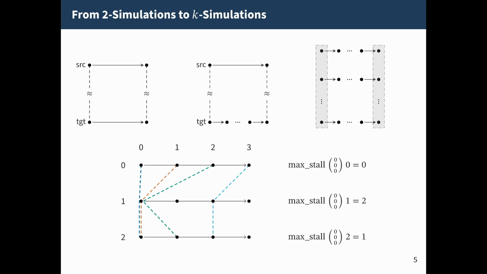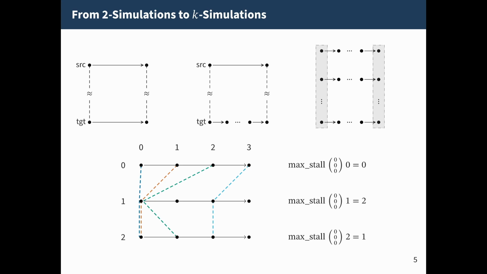So at the first position here, we are only looking at the first position. We allow the trace 0 not to stall at all. This is noted here. We allow the trace 1 to stall 1 time, and we allow the trace 2 to stall 2 times.